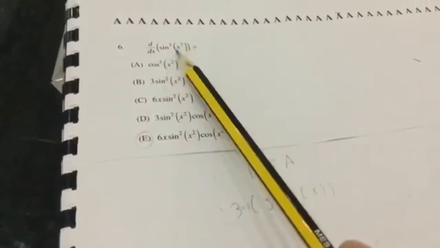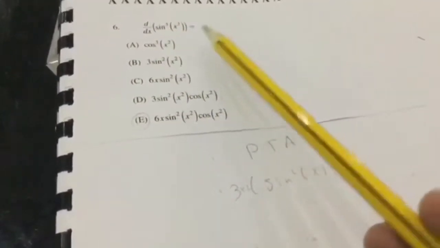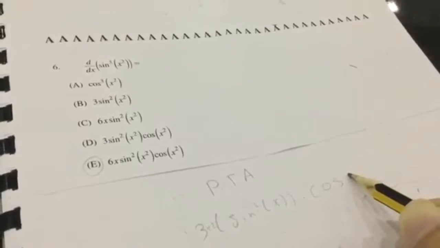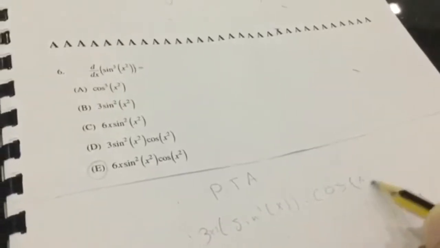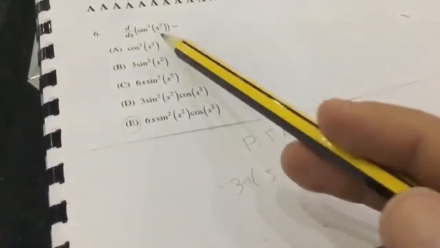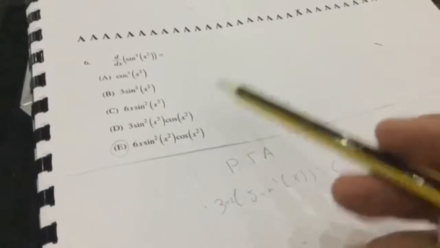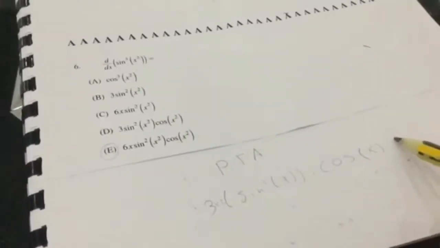So for the trigonometric part, what is the derivative of sine x squared, ignoring the power of the sine? Sine x squared becomes cosine x squared, and then the angle. What is the derivative of the angle here? x squared is 2x.